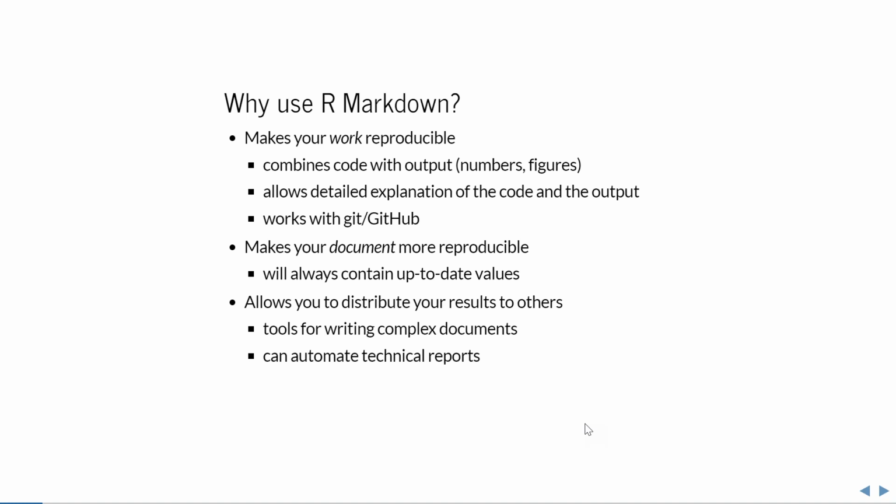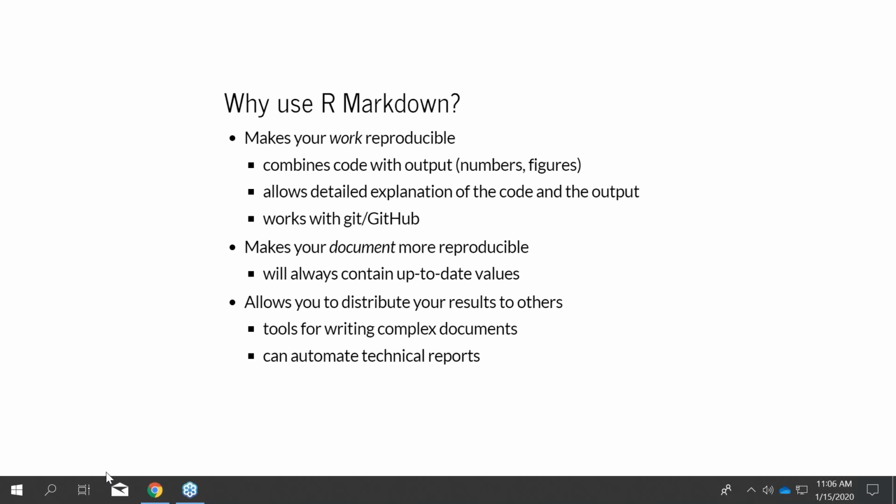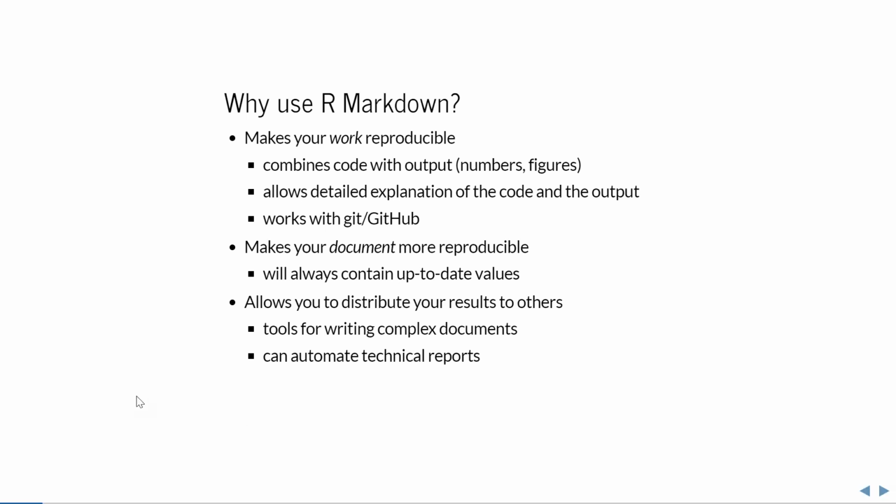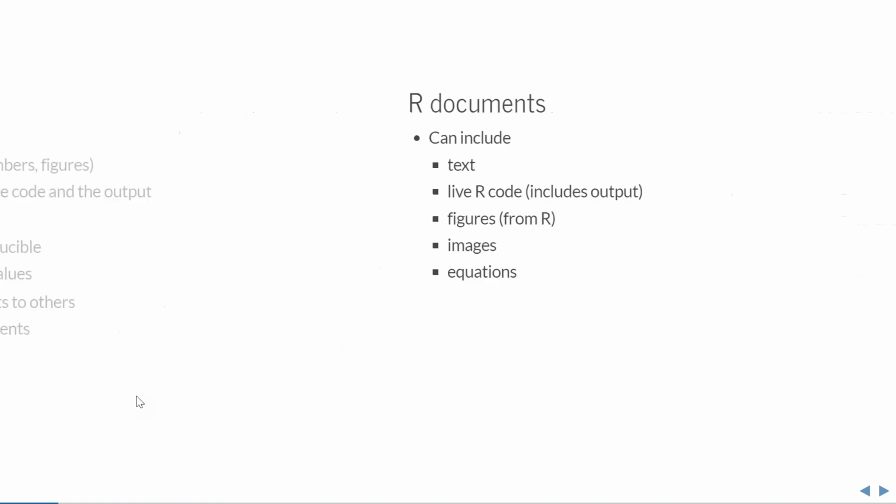And another reason for using R Markdown is it allows you to distribute your results to others very easily because you've got explanations in the document and it contains the code as well as figures and tables. So it makes it much easier for other people to read rather than just an R script file. And we're going to see that there are tools in R for creating complex documents. And we're also going to see that you can use these tools to automate technical reports. So you can produce very sophisticated output quite easily.